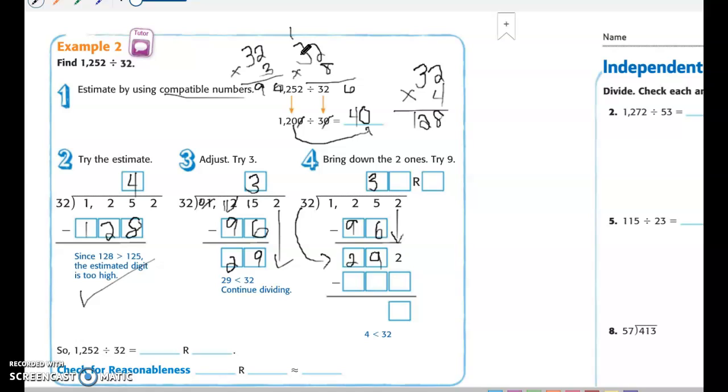Plus one more makes 25. Something's going on with my mouse. Okay, so 256, that could work, but I still think we can get closer.